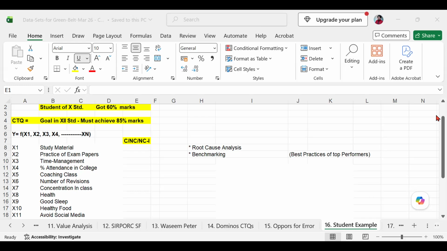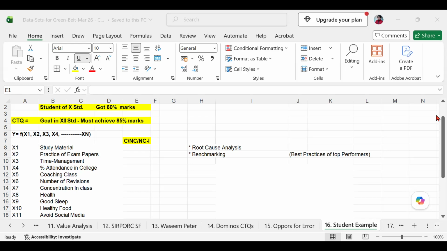So output of the process, what goes to customer, what is critical to quality, that we are calling as the CTQ, critical to quality, because this output goes to customer and satisfaction of customer depends on the CTQ.